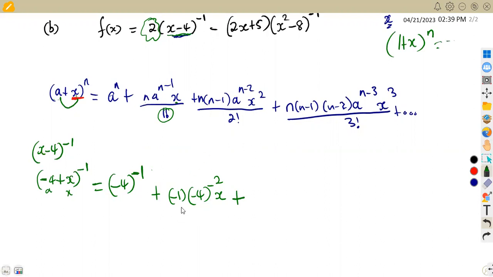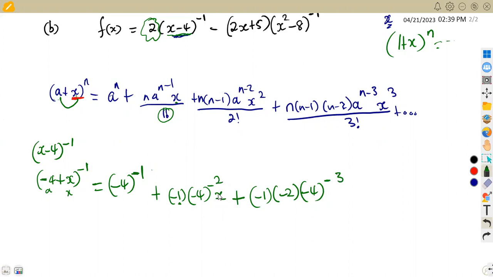Now we continue from that previous term, which is negative 1. So it is going to be negative 1 times, using the derivative concept, we drop the exponent, which is negative 2, and subtract 1 on this exponent. So it's negative 4 to the exponent of negative 3, since negative 2 minus 1 is negative 3.